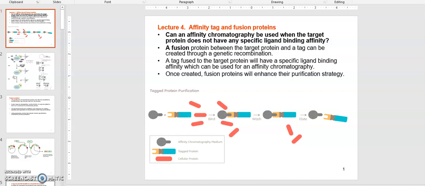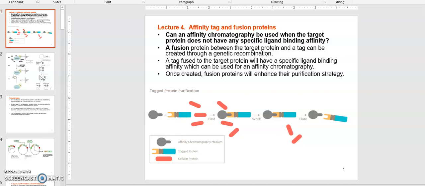Then the question is, what if my protein doesn't have any ligand or any specific molecule that it can bind? Can I still use an affinity chromatography resin? Is there any way that will allow me to use affinity chromatography? The answer is yes.